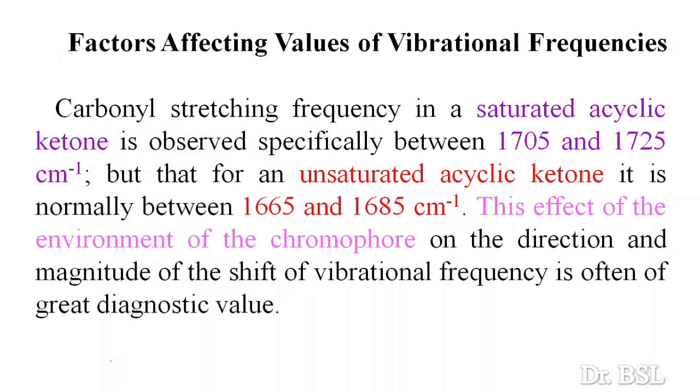So first of all, let us see what are the factors that affect the values of vibrational frequencies. When we consider the saturated acyclic ketone, the observed wave number in IR for carbonyl is 1705 and 1725.